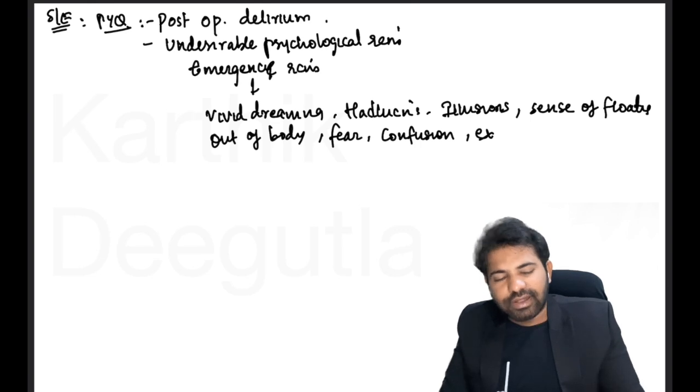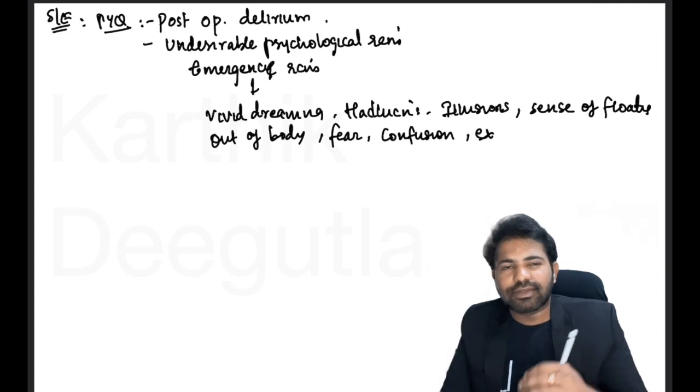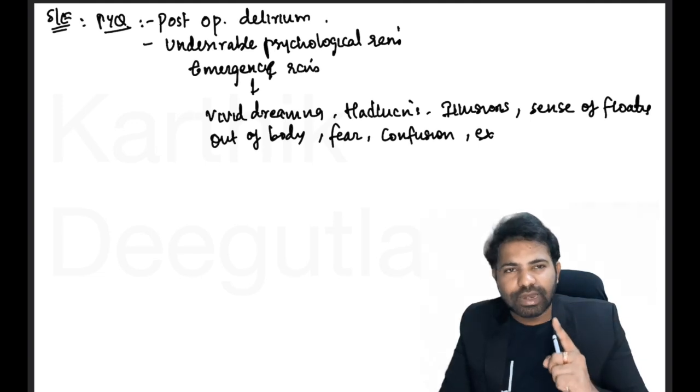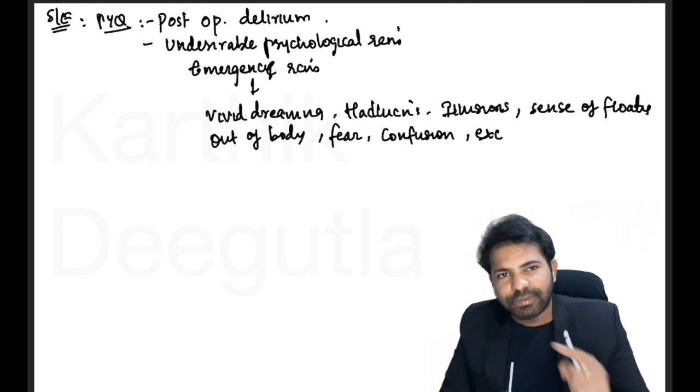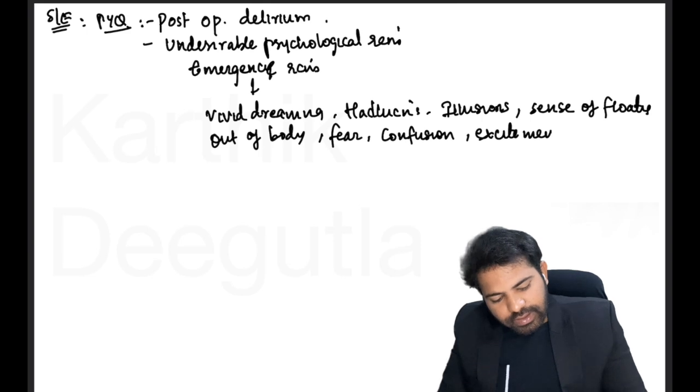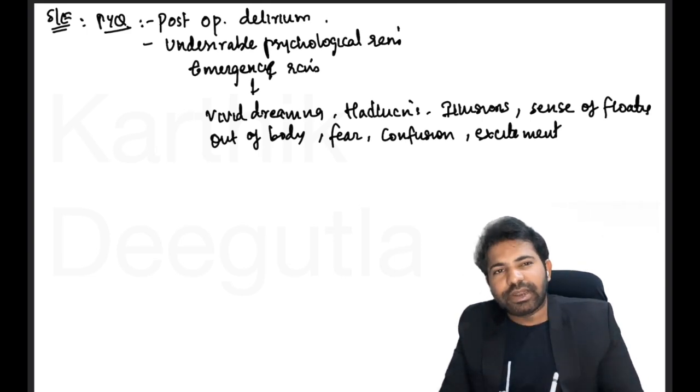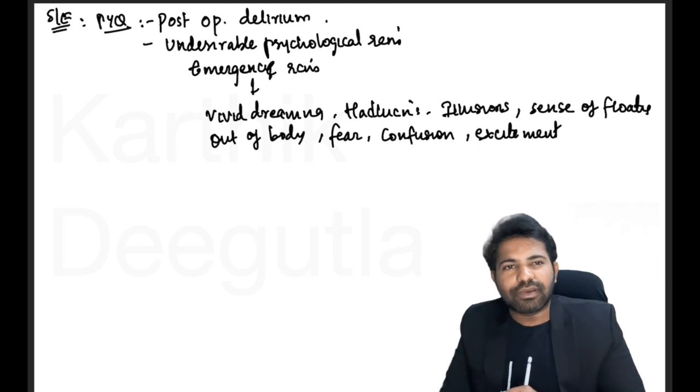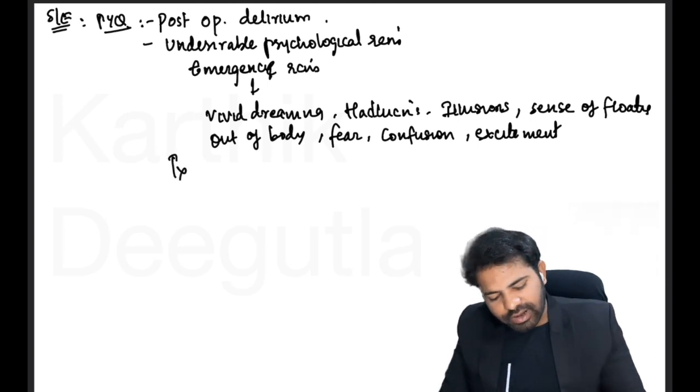If all these features are given and you are asked what drug might have been given during the anesthetic management which might have caused all these effects in the post-operative period in the patient, then your answer must be ketamine. So to prevent all this, we give pre-treatment with a benzodiazepine like midazolam to prevent these unwanted effects.